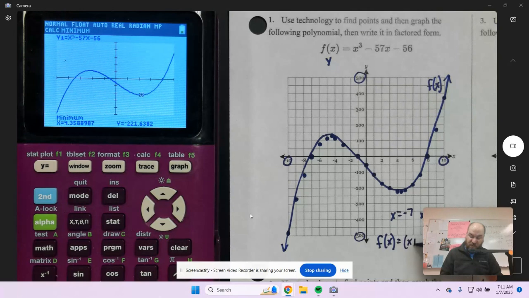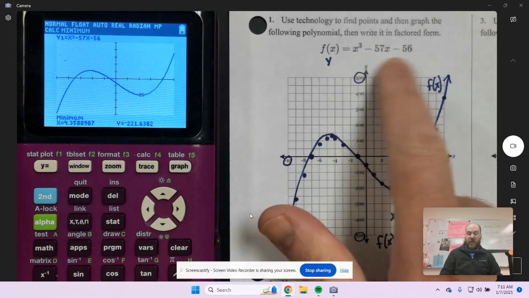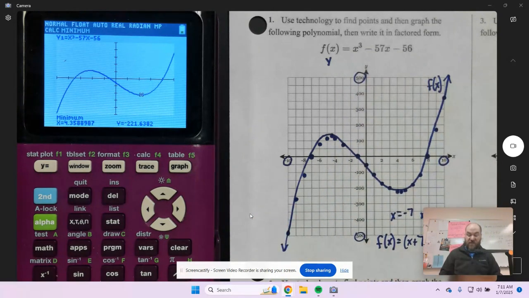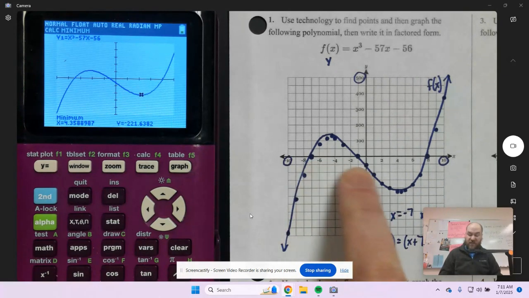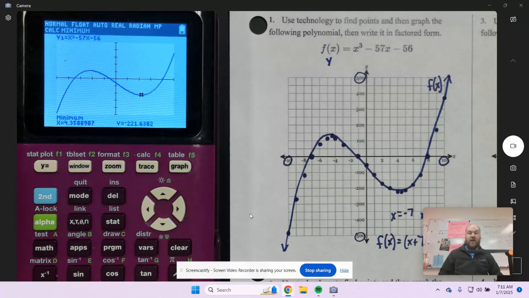So it's going to be x plus 7, x plus 1, x minus 8. So this is the same as this. This is in factored form. I don't know how to factor that, but it turns out this is the factored form because right here, it tells us that this is where it's going to hit the x-axis, -7, -1, and +8.